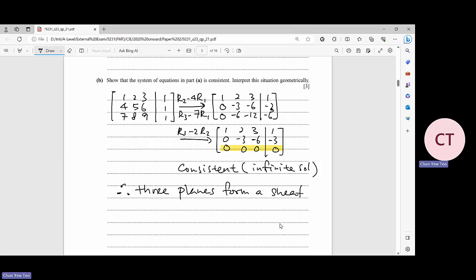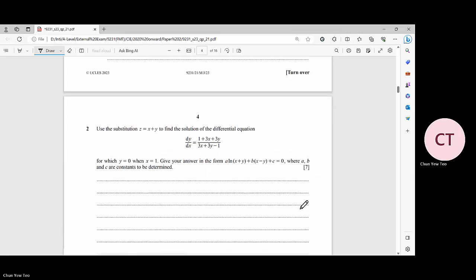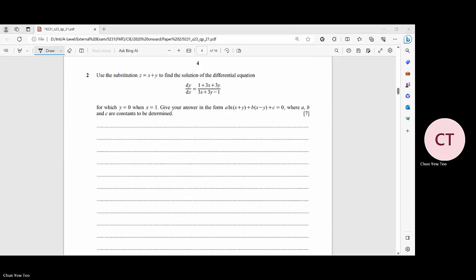The 3 planes will intersect in a line, and it's infinite solutions. Okay, so that is the answer for 1B.